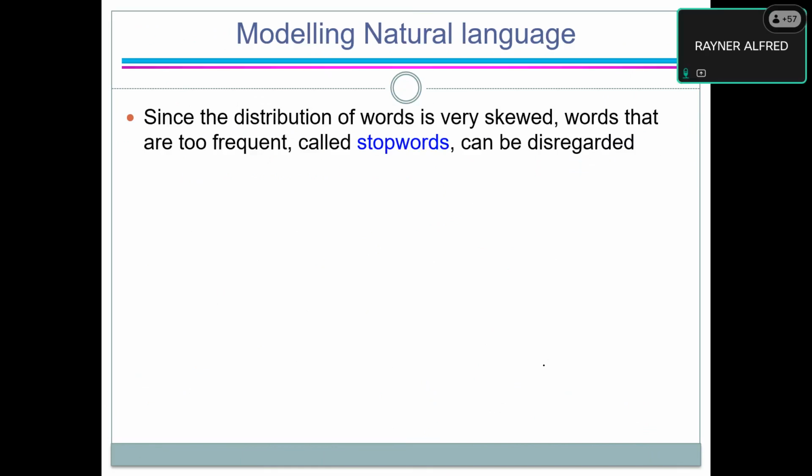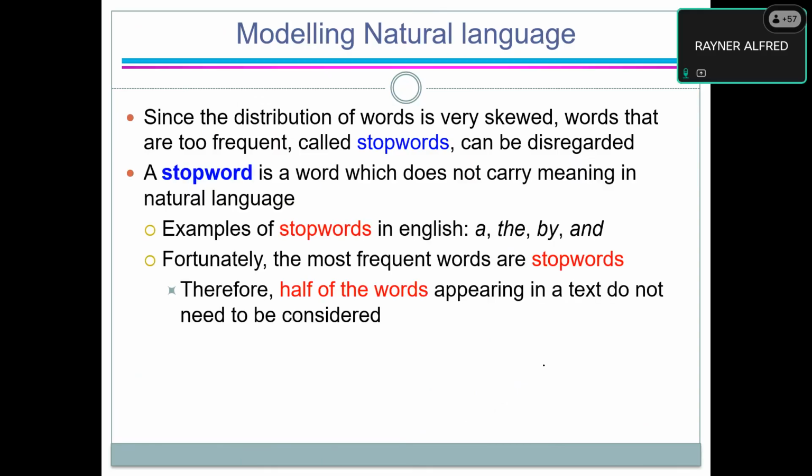For that reason, all the stop words that we have can be disregarded because they occur more frequently compared to the other terms. The stop words are words like the, by, and, so all of these can be ignored. You don't have to put them in the vocabulary.